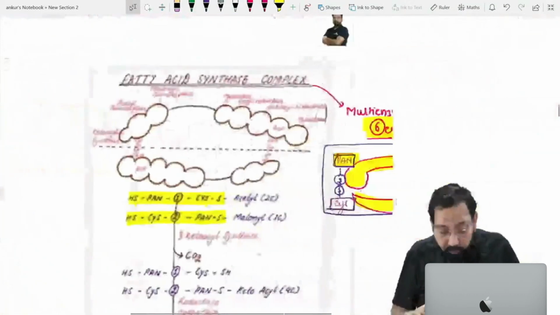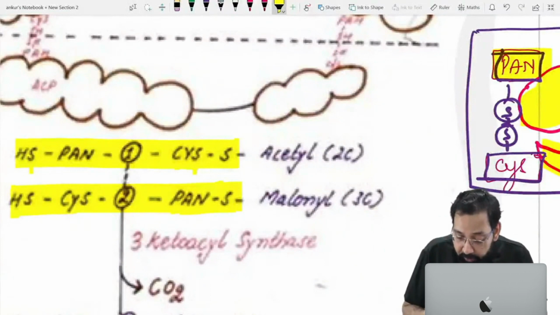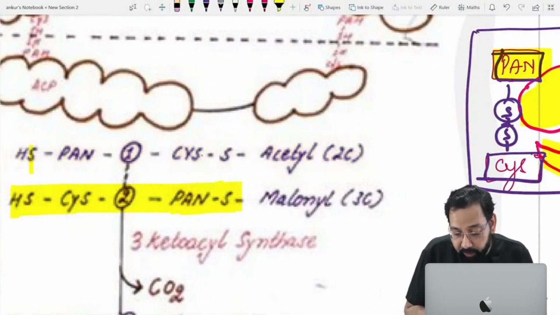Now we found that one acetyl coenzyme A comes and binds to the cysteine end.